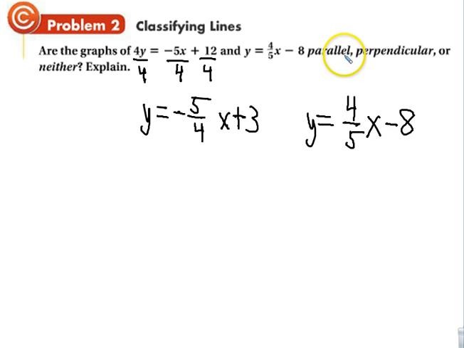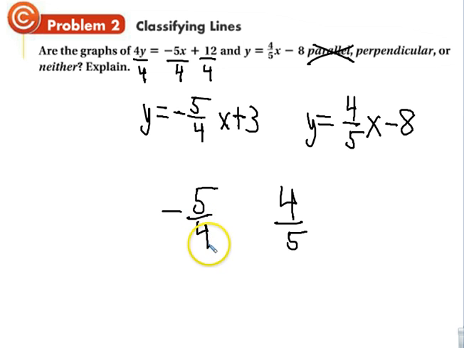Okay, so now, parallel would mean the slopes are the same. -5/4, not the same. So it's not parallel. Perpendicular would mean that the slopes are the flip of each other, and opposite. So this one is -5/4, and we're comparing it with 4/5. So if I take -5/4, and I flip it upside down and I change its sign, do I get the same thing?